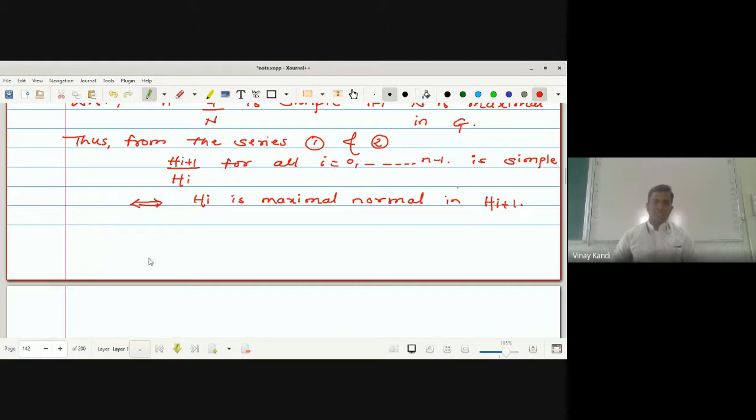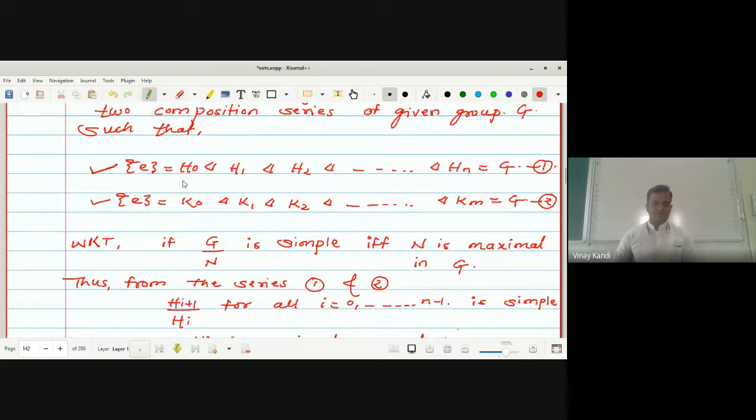What is the meaning of this? That is, in between Hi and Hi plus 1 there does not exist any normal subgroup. Is it correct? Yes, sir. Okay, this is the meaning of maximal normal subgroup. That is, in between H0 and H1 there does not exist any normal subgroup. In between H1 and H2, there does not exist any proper normal subgroup.